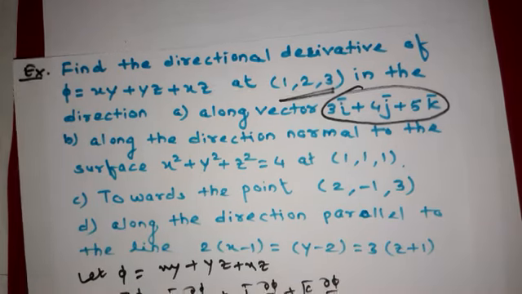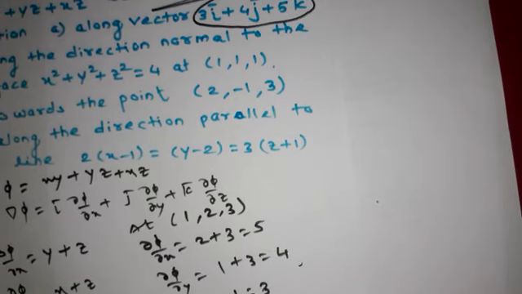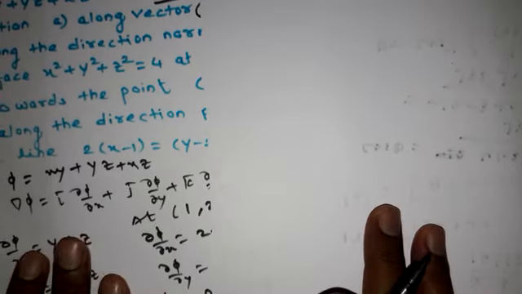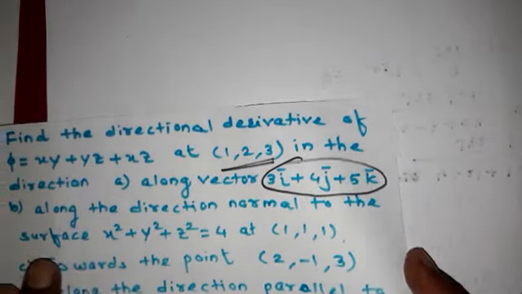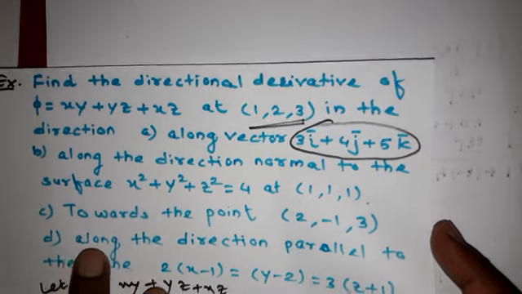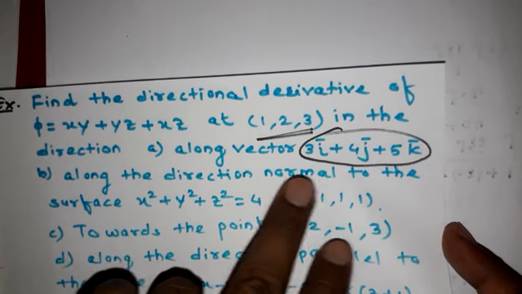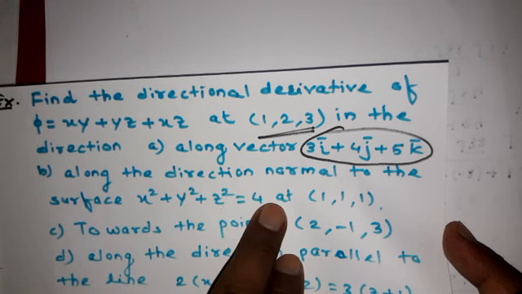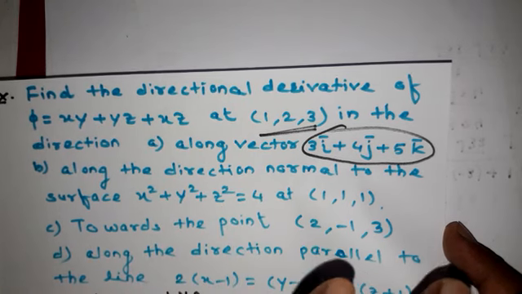Now we will solve the second one. The question is: along the direction normal to the surface x square plus y square plus z square equal to 4 at (1, 1, 1).